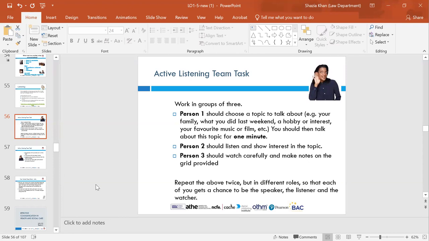When we talk about active listening in the health and social care profession, it involves paying attention to what the other person is saying. To acknowledge that you are engaged in the conversation, you can nod your head, make sounds, and use encouraging words such as yes, I see, and show empathy, because that's so important.